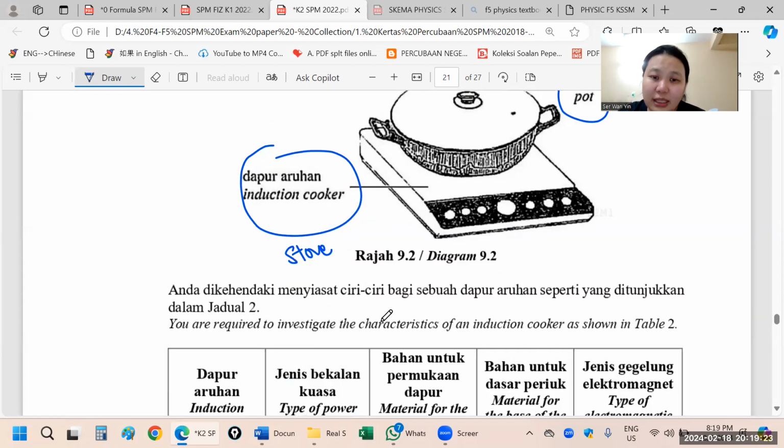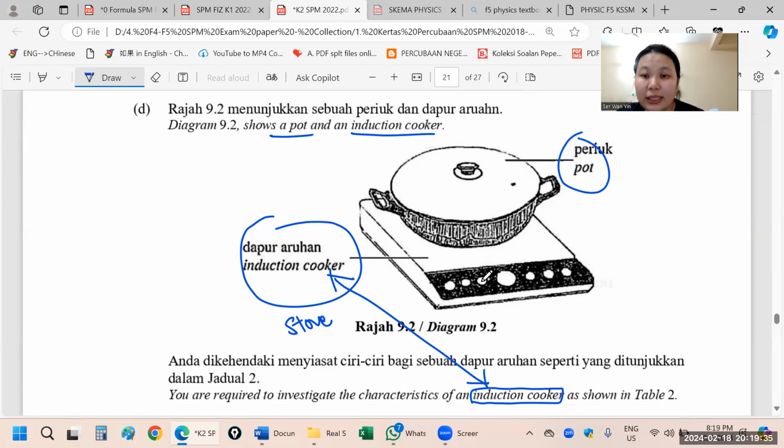You are required to investigate the characteristic of an induction cooker. But when I mark the paper, many students misunderstand. They are going to modify the pot. No. We are going to modify the induction cooker.